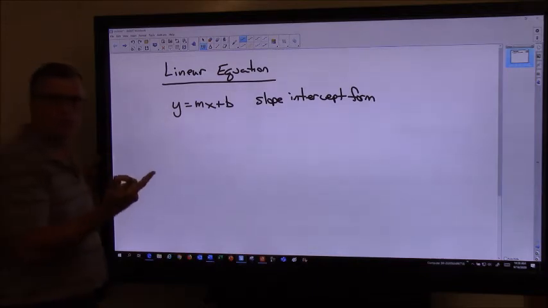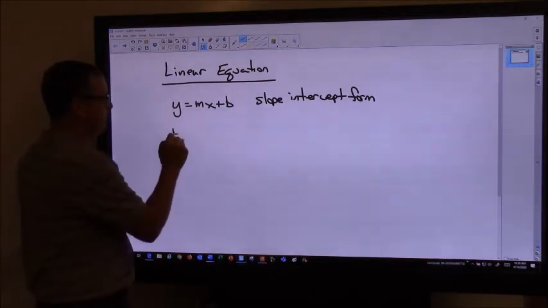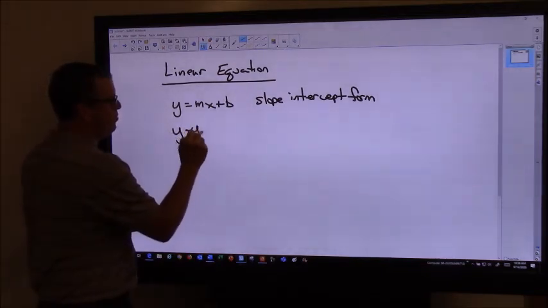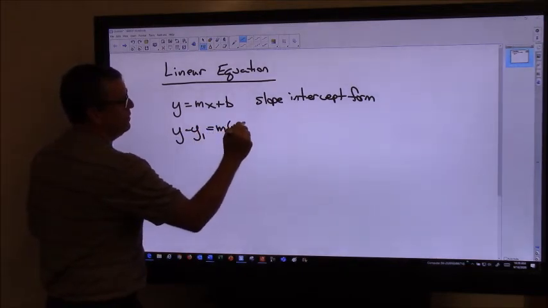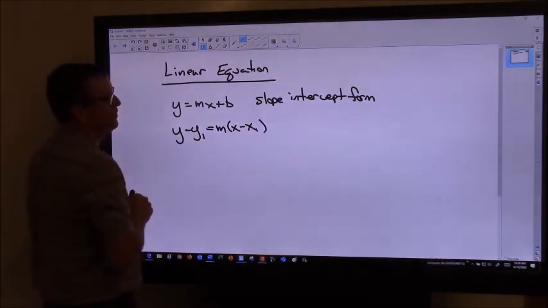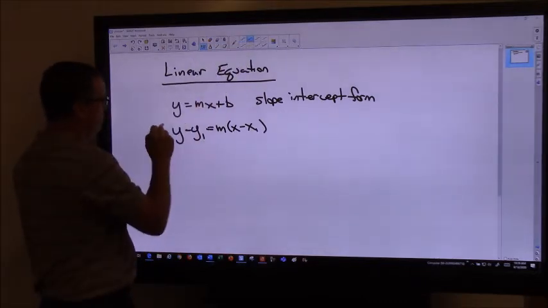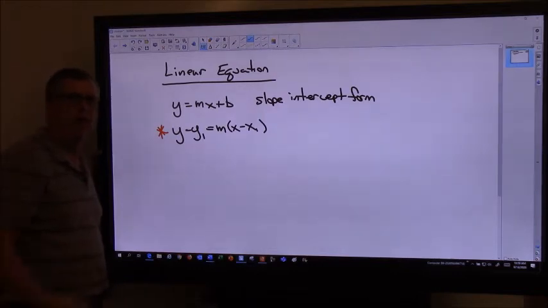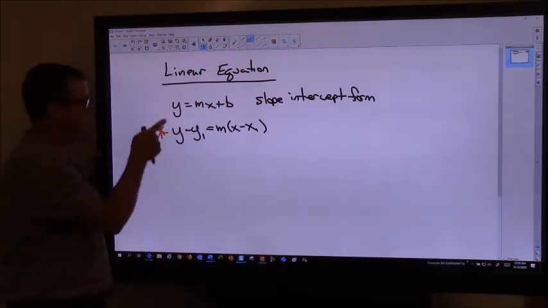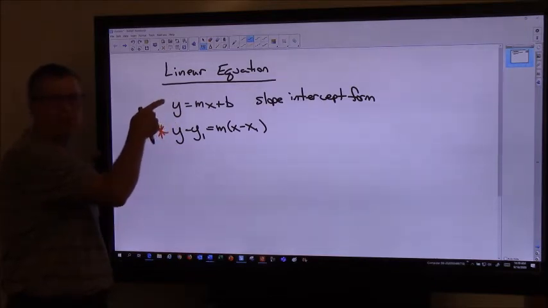Now, we also, last year, we used this form of an equation quite a bit. y minus y1 equals m times x minus x sub 1. And you might recall I said, that's the one I'm always going to use. My only reason for that is it seems like fewer people make mistakes using this form of an equation than this.